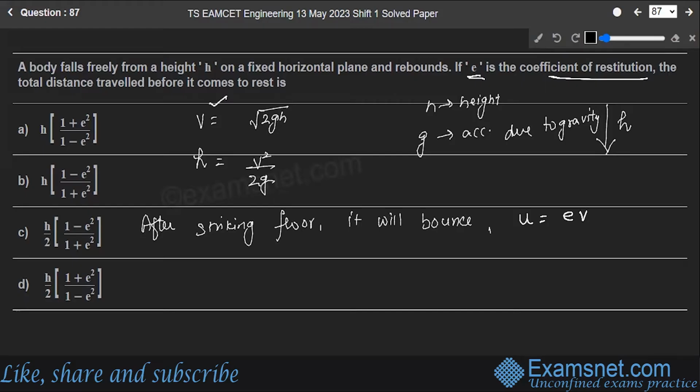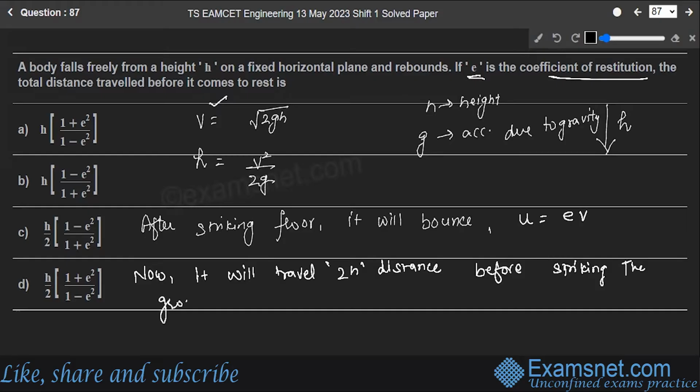Now it will travel a distance of 2h before striking the ground again. Now here h1 is given by e square v square upon 2g.